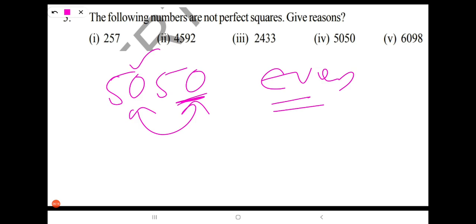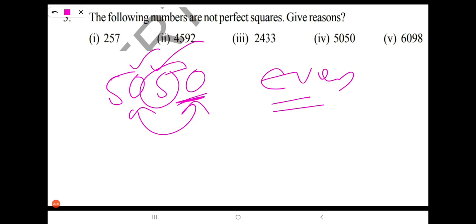I am telling you very clearly. It must end with 2 zeros or 4 zeros or 6 zeros, or directly we can say an even number of zeros. It has a 0 at the hundreds place, but between the 2 zeros we have another digit, that is 5. That is why it is not a perfect square.